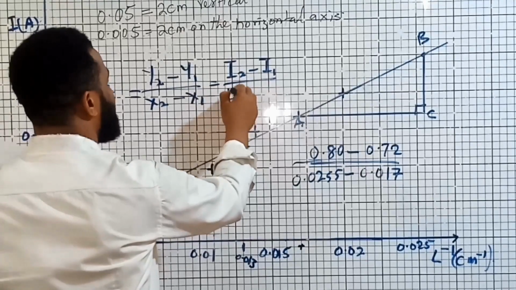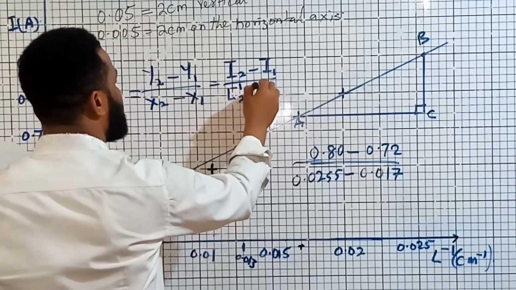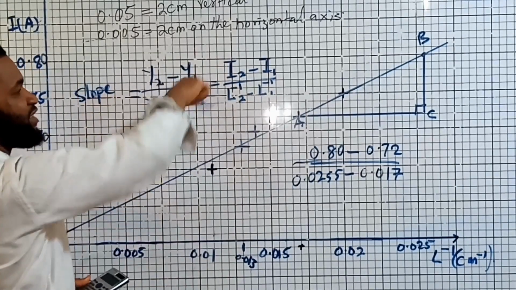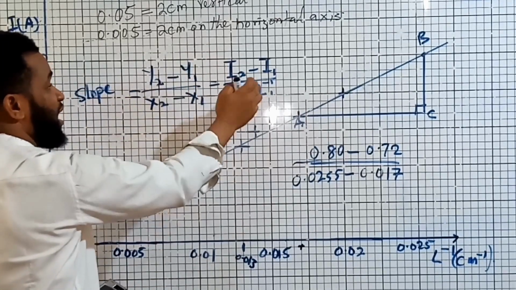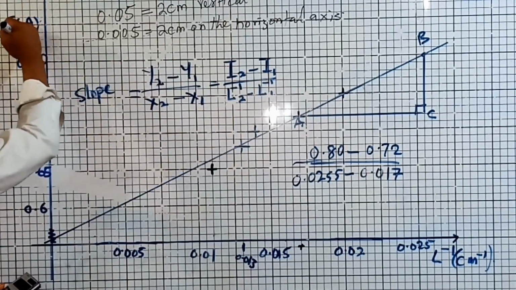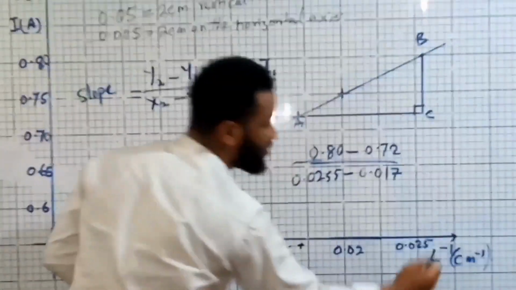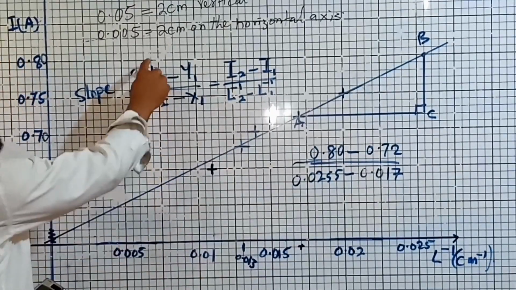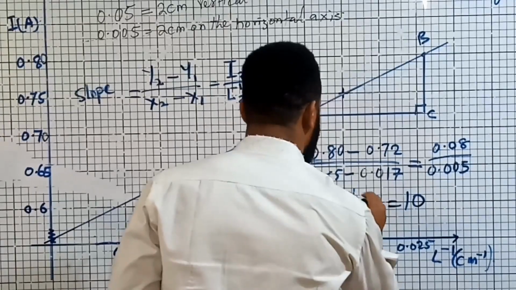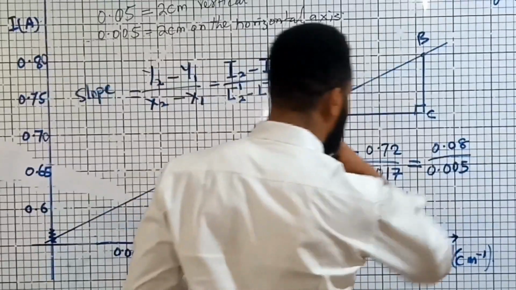So it's going to be L inverse 2 minus L inverse 1. It's the same thing. I'm just modeling this formula, based on what I have on the vertical axis and the horizontal axis, which correspond to y and x axis. And that is how I got these values. My slope is 10.